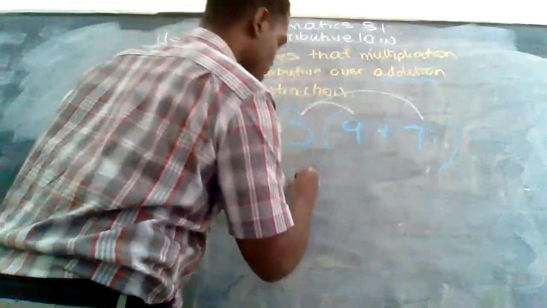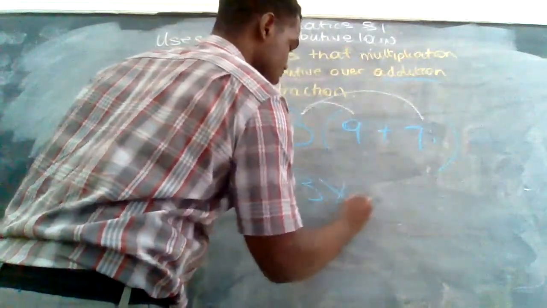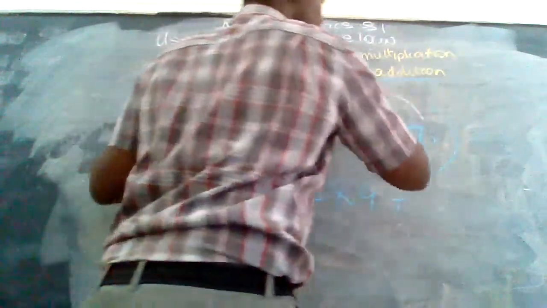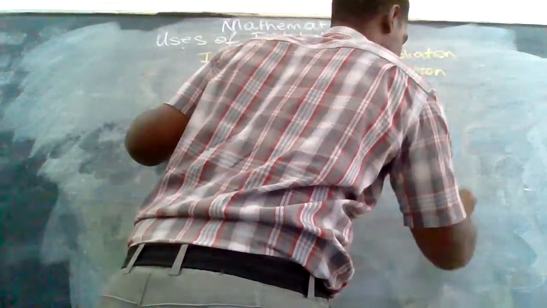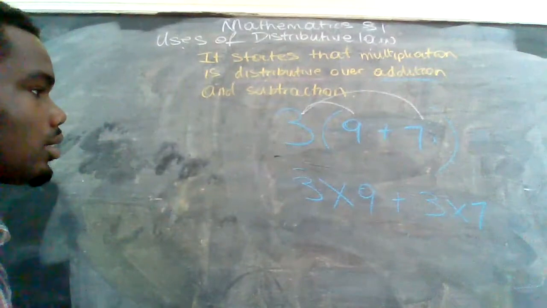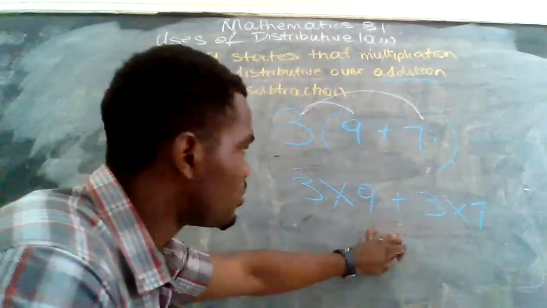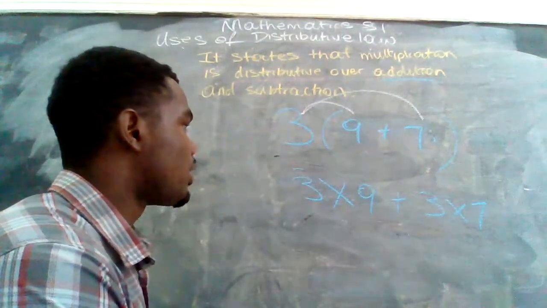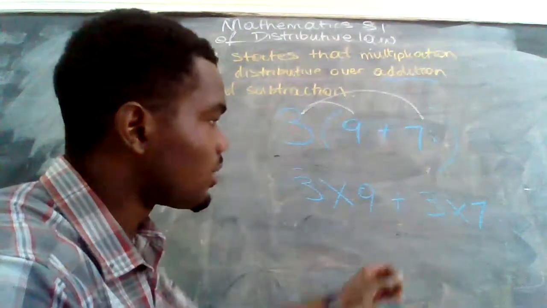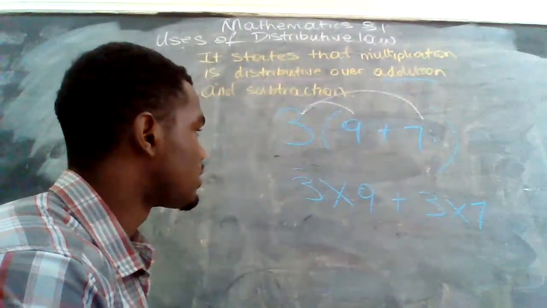So I'm going to say 3 times 9, keep the sign, plus 3 times 7. Okay? Now, we're going to distribute this properly now. So we're going to say, what is 3 times 9? Okay? We're going to say, what is 3 times 7?